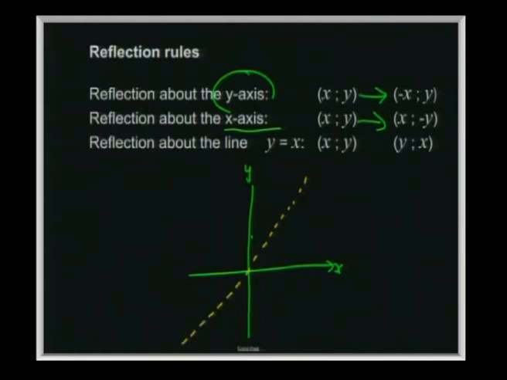Now remember, on that line, you've got the points (0, 0), (1, 1), (2, 2), (3, 3). Now, if you were going to reflect around that line, whatever was on one side is going to reflect exactly the same on the other side. I'll give you a point and show you what I'm talking about.